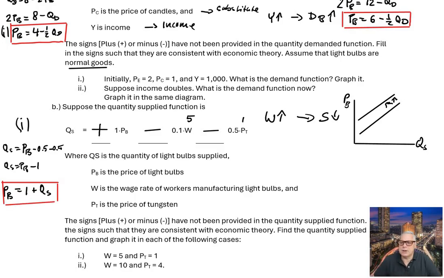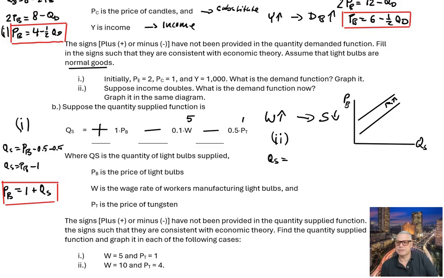Okay, so now let's move to the second one. If the wage is 10, so the wage doubles. I put it here, so this is scenario 2. Now the wage doubles, so now we have QS.